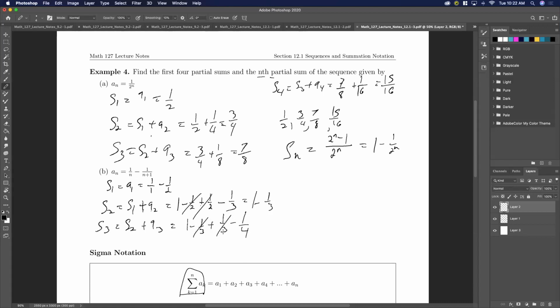So these cancel, and I'm left with 1 minus 1 over 4. Here you can easily guess that S4 will become 1 minus 1 over 5. So in general, S n, what's my pattern here? My pattern is 1 minus 1 over n plus 1. So that's what the pattern is here for that one.